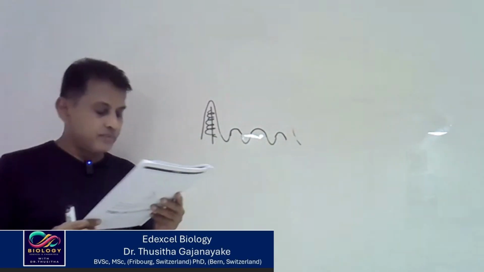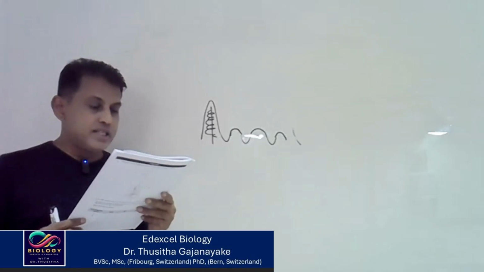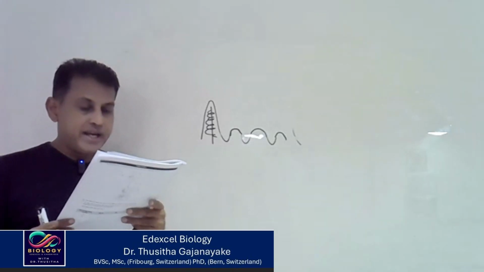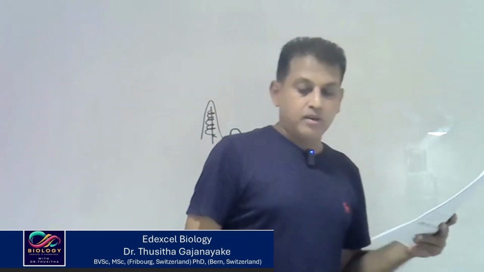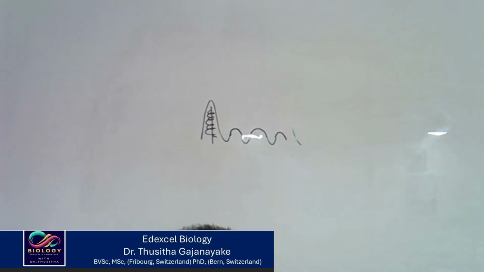So the answer is yes, you can write in celiac, when there are fewer villi, the surface area decreases.